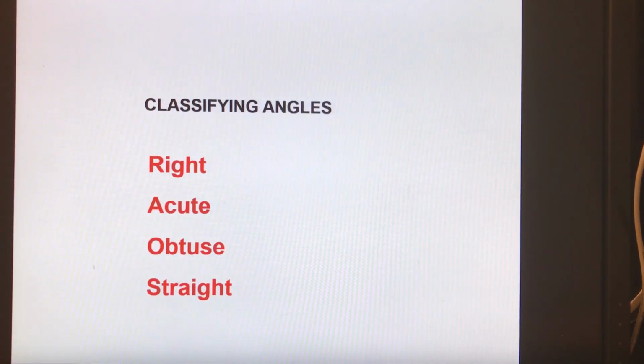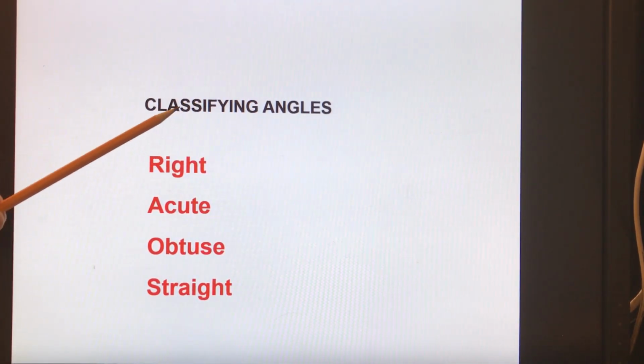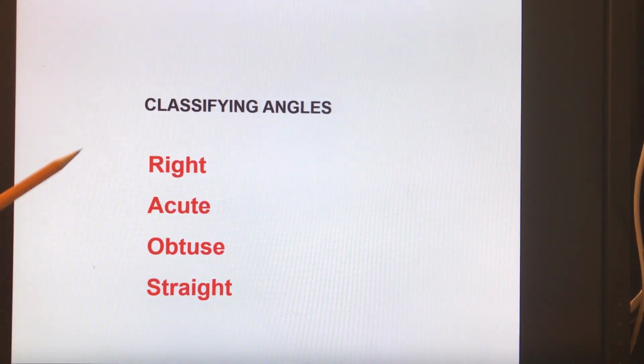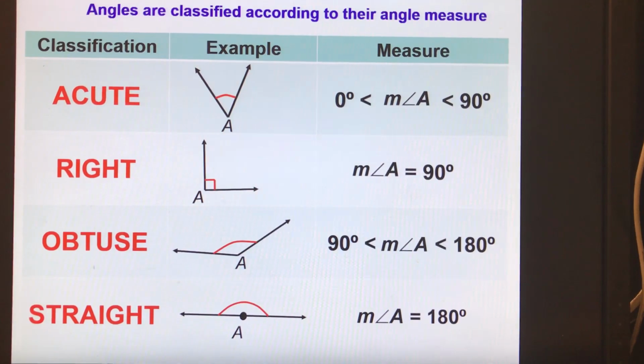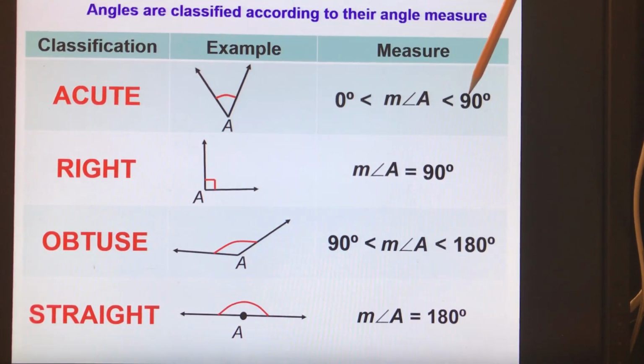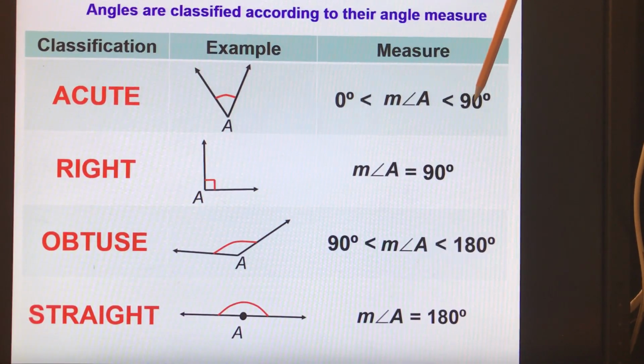Now we want to name the angles. Classifying is another way of saying name the angles, and we have 4 types of angles listed here. Over here, to be an acute, you should have, remember this from earlier years, that it must be less than 90.